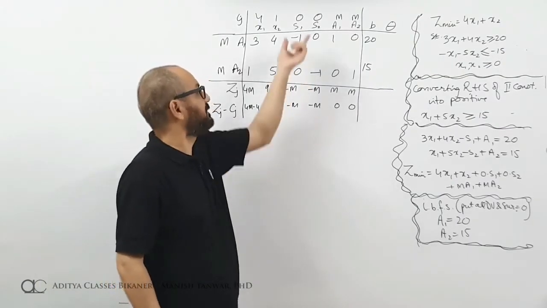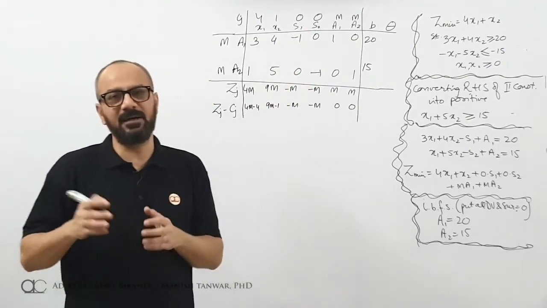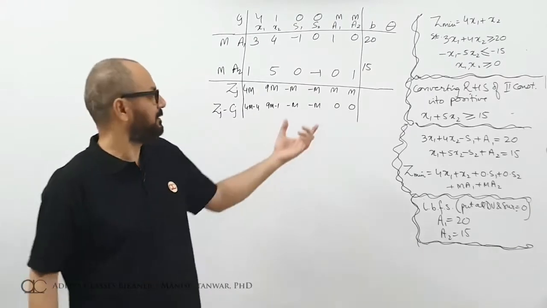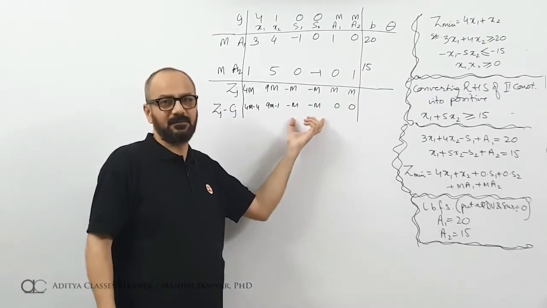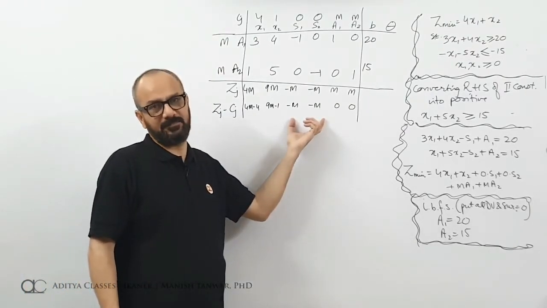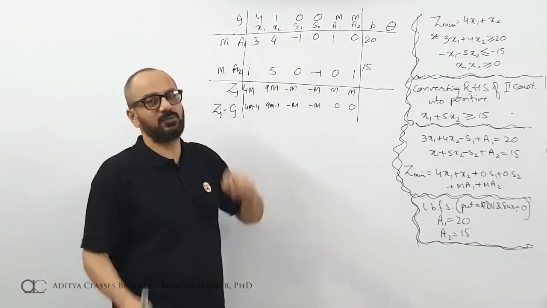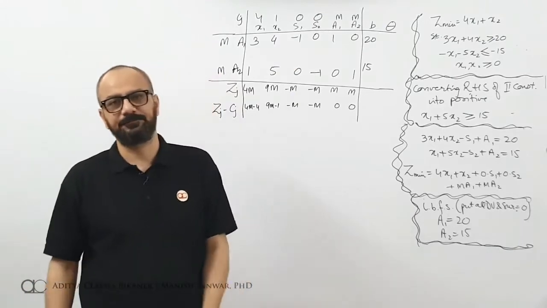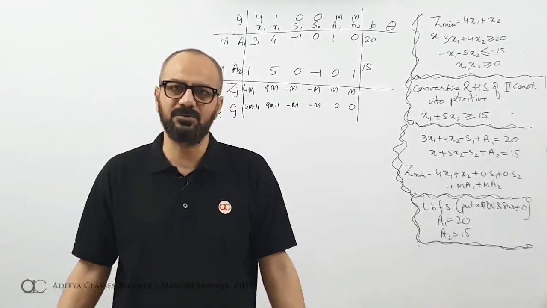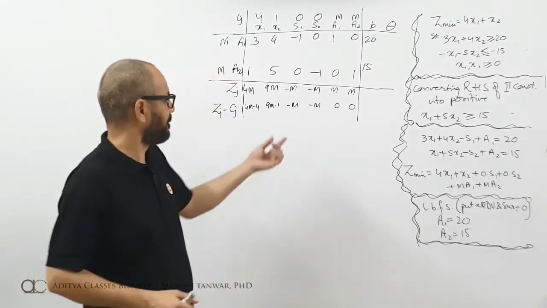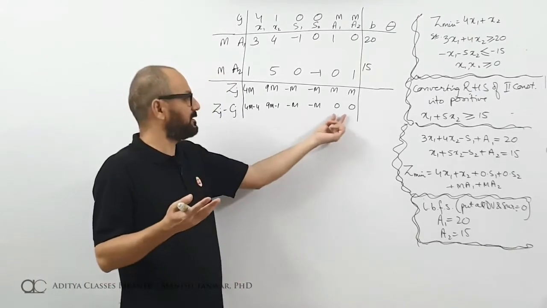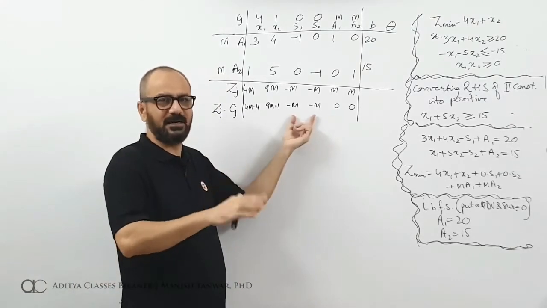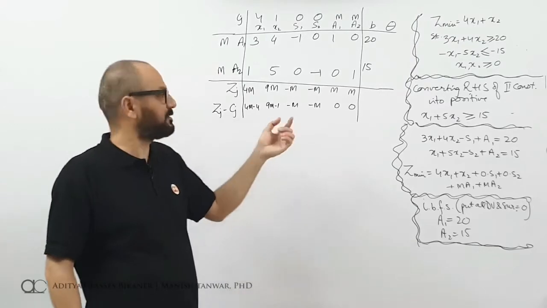These two, that is the surplus variables, if I try to increase them, will make me take a loss of minus M per unit. If I increase 1 unit of S1, I will be at a loss of minus M. So I do not wish to be in a loss of any quantity. So these are zeros, no difference. These are negatives, meaning loss.